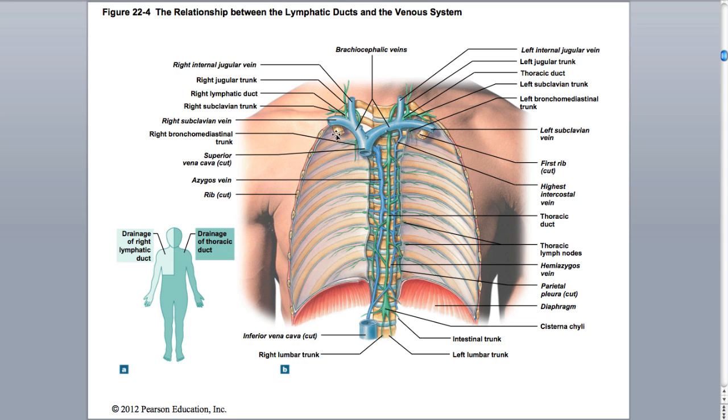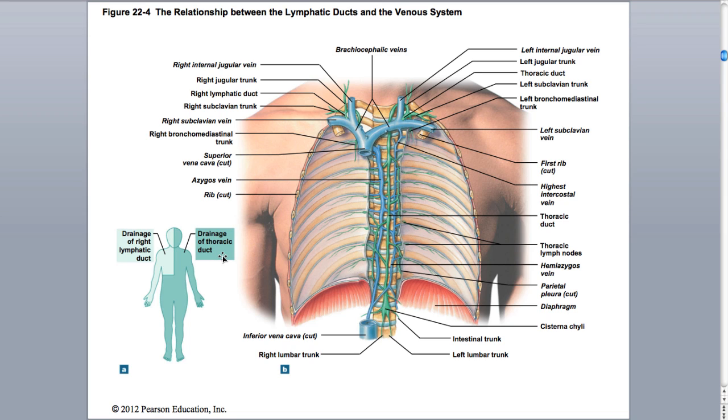There is no thoracic duct on the right-hand side. The right-hand side, again, I'm talking about the patient's right. The author shows it very well here. So the patient's right has the drainage of the right lymphatic duct. On the patient's left, we have the drainage of the thoracic duct.